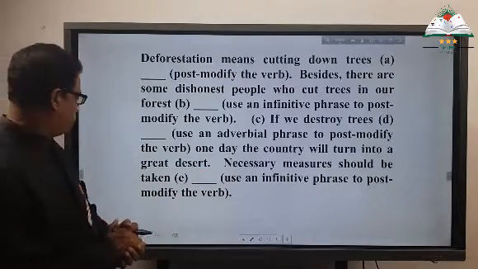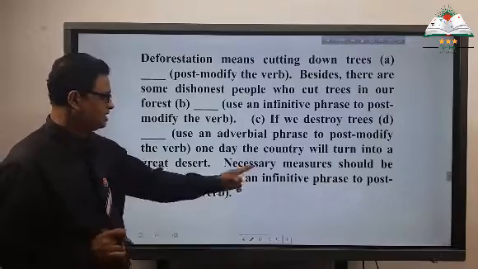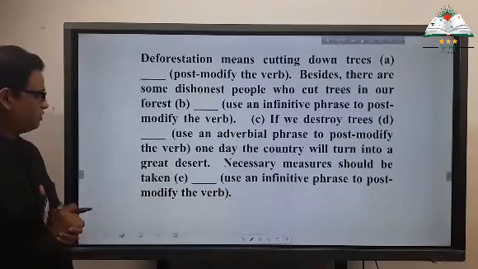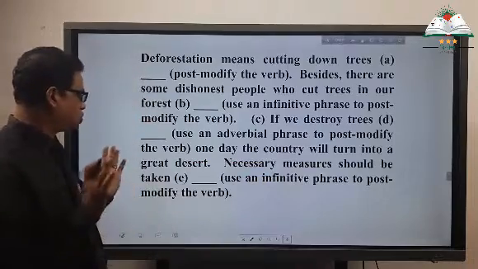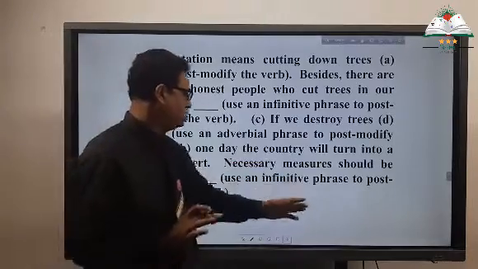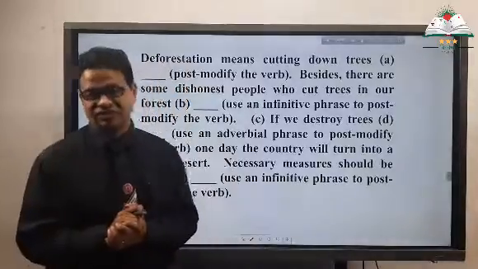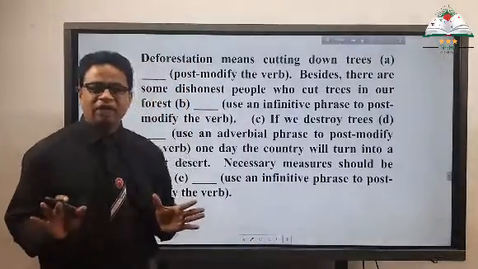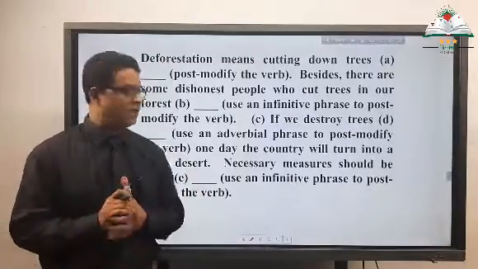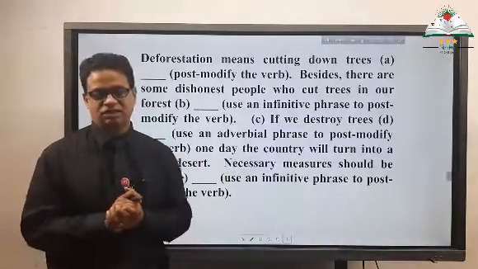Necessary measures should be taken, use an infinitive phrase to post modify the verb. So, necessary measures should be taken to stop, infinitive phrase, okay, to stop cutting down trees. You see, all the things that we have already learned have been used here in these questions.